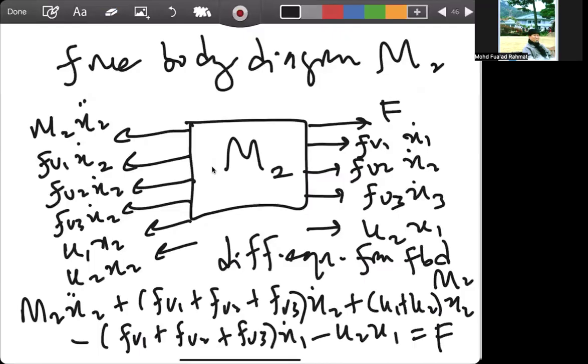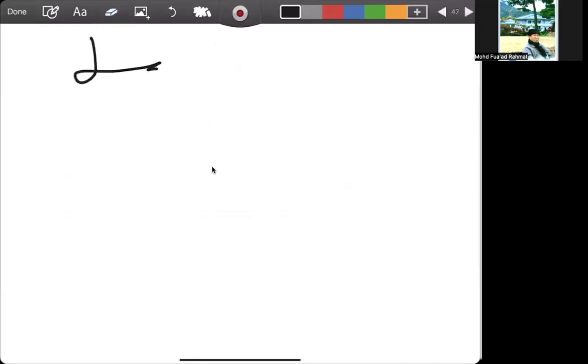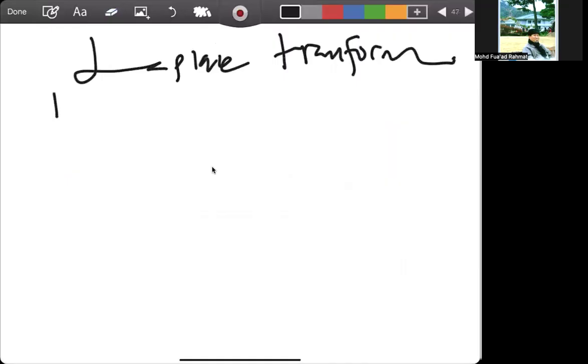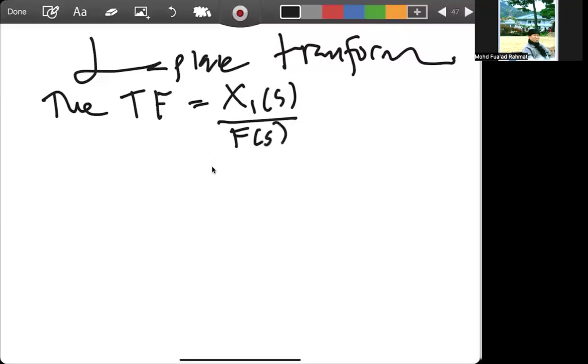So use the Laplace transform to identify the transfer function, X1 over F of s. X1 is the output, F is the input.